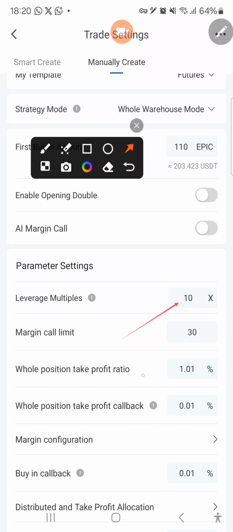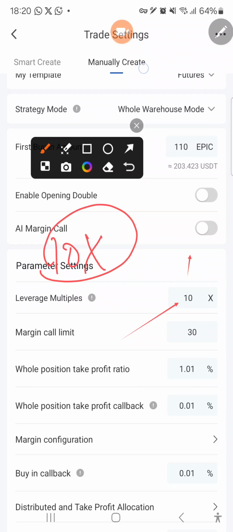However, make sure. And then, what is this leverage? For starters, the leverage simply means that you are going to use an extra 10 times in money. You're going to predict a direction of the market.